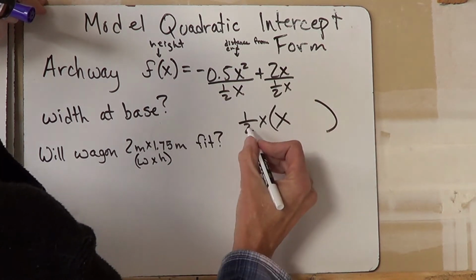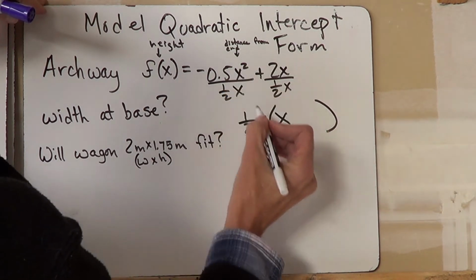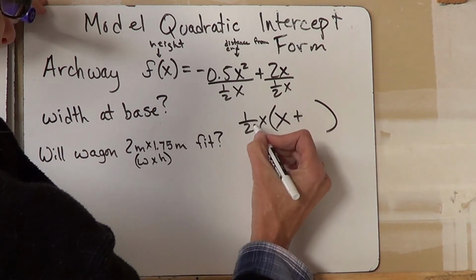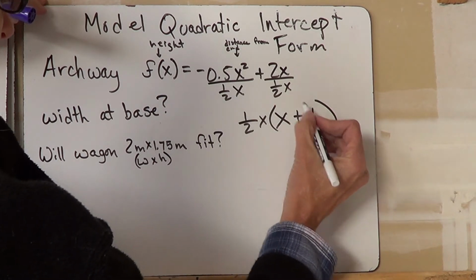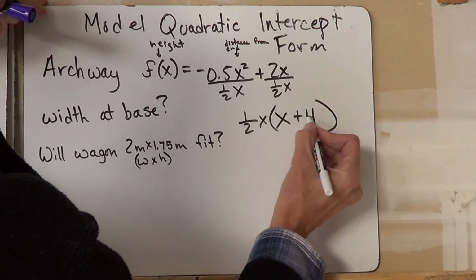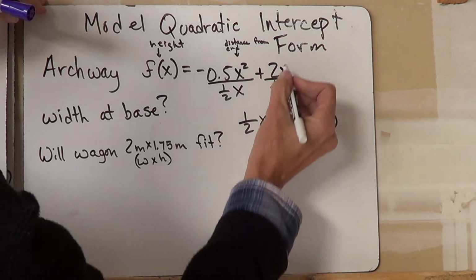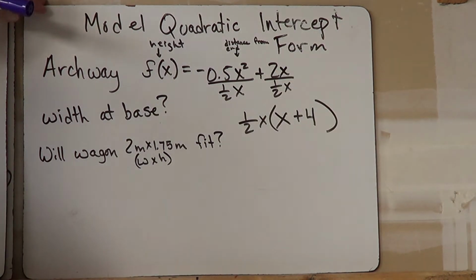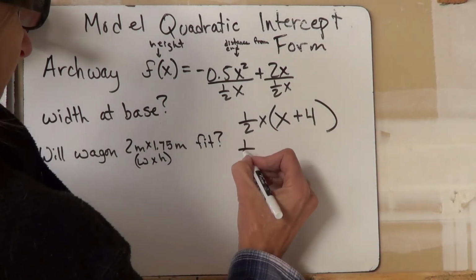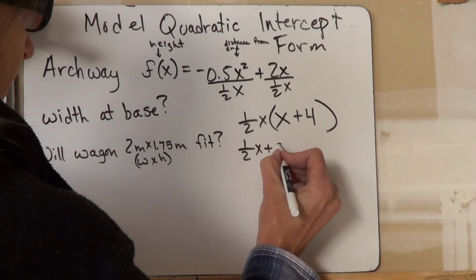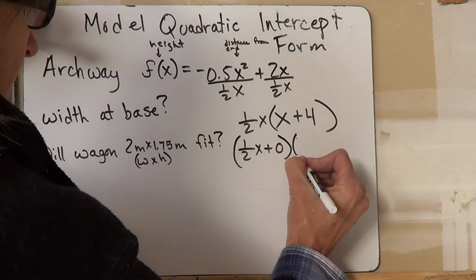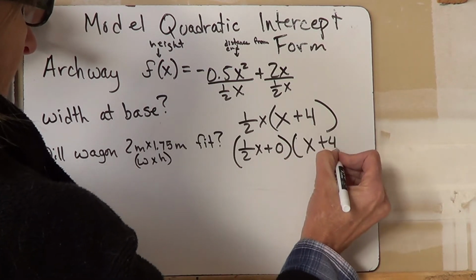So I know 1/2 x times x would be 1/2 x squared. And 1/2 times 4 would be 2. And 1/2 x times 4 would be 2x. Okay, so now I could write it this way, 1/2 x plus 0 and x plus 4.